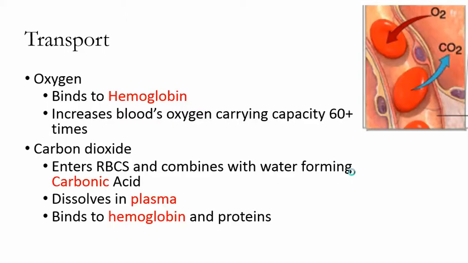Okay, and it's called carbonic acid once it combines with water. It can also dissolve in the plasma of the blood, or it can even bind to hemoglobin, and that in turn would block the oxygen from being able to bind to it. So carbon dioxide can be fatal if there's too much in your blood.